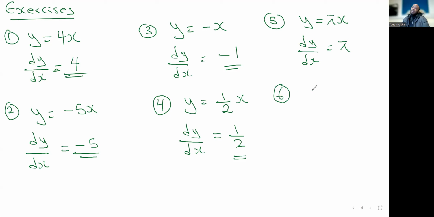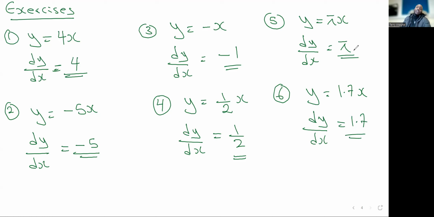Now, let's assume we have decimals. So let's say we have 1.7x, and we're told to differentiate this. So dy over dx is going to be equal to what? 1.7. So basically, when you have a constant with a variable raised to a unit power, the derivative of it is going to be equal to the constant. Is that right? And that'll be that for that.